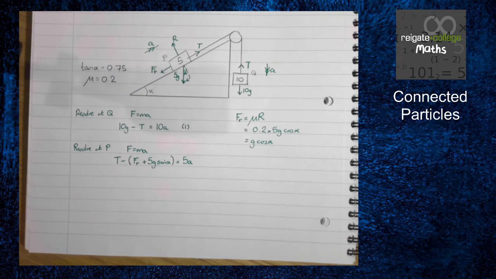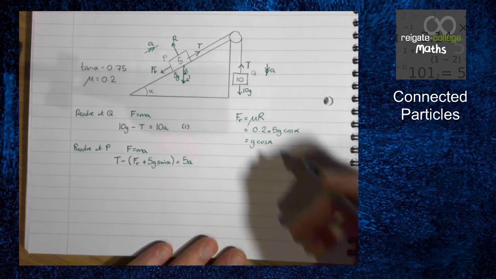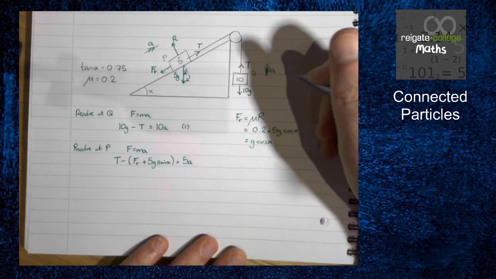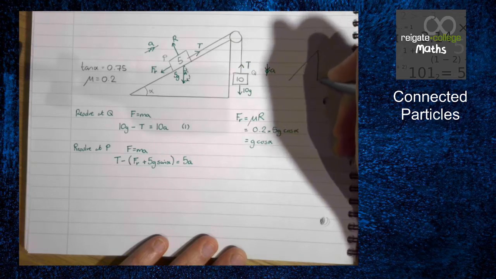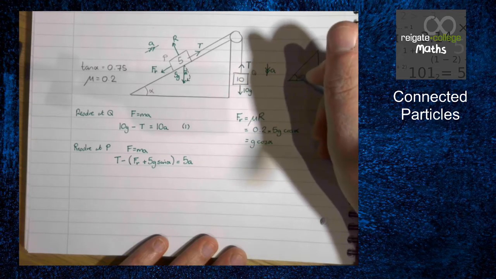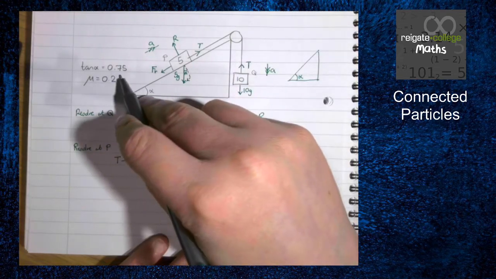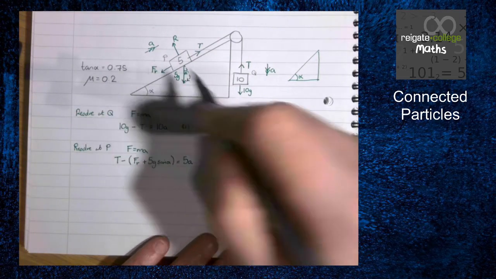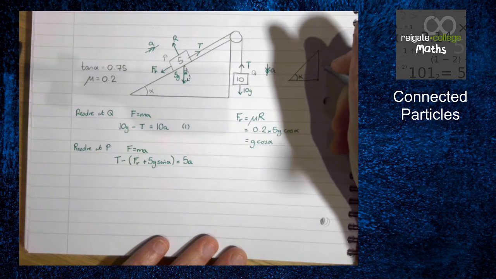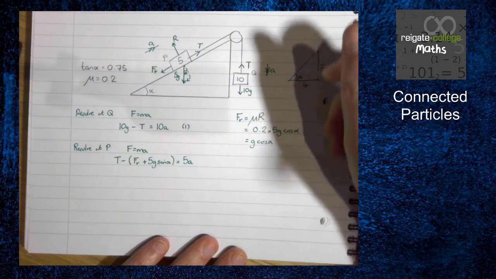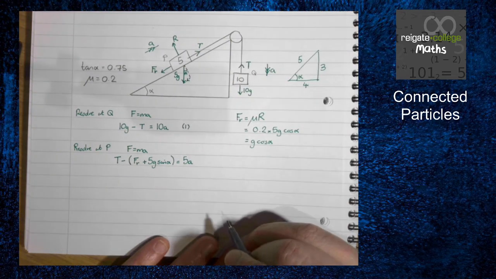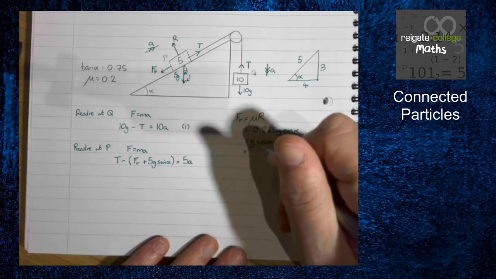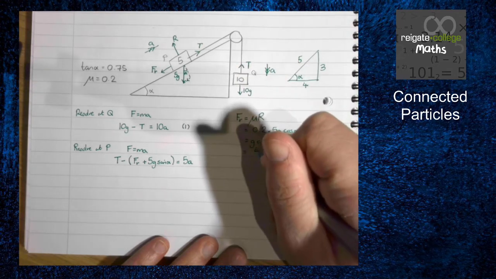Much like before, we can use a triangle to work out what cos alpha is. I'm just going to do that up here. Alpha, we know tan alpha is 3 over 4. Don't be fooled by the fact that it's a decimal. Write it as a fraction, it'll work. So opposite over adjacent, which means our hypotenuse is 5. So our friction is 4 over 5 g.